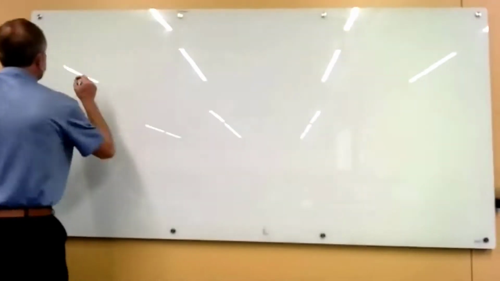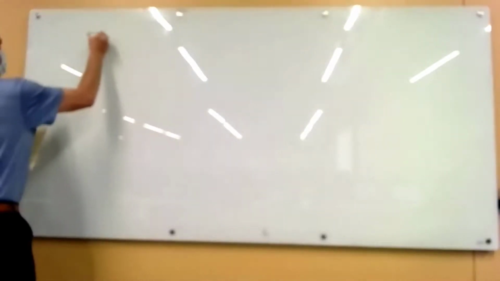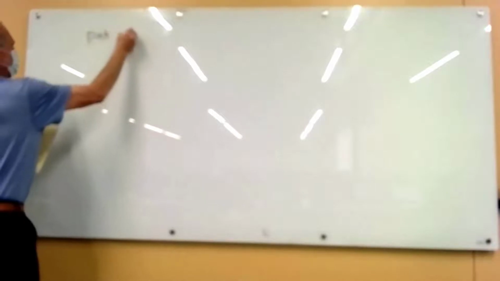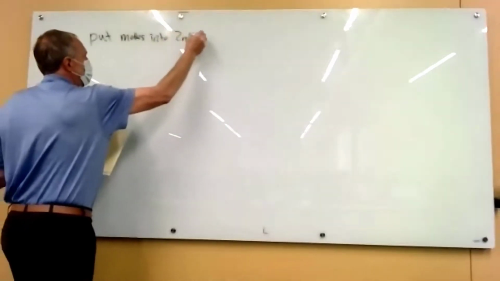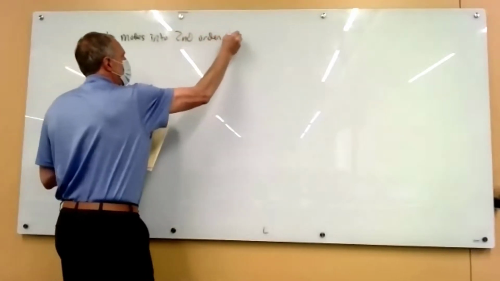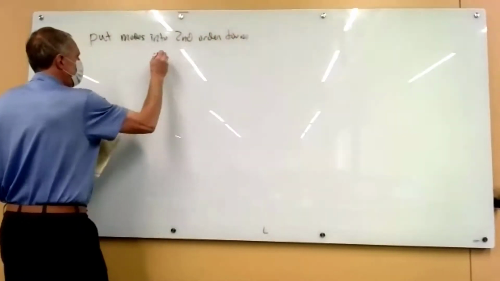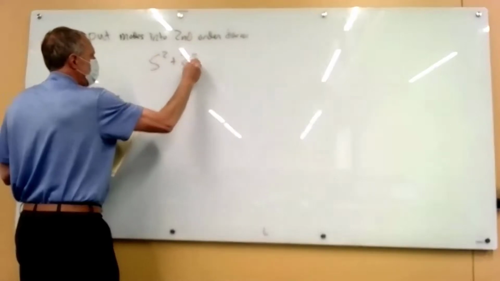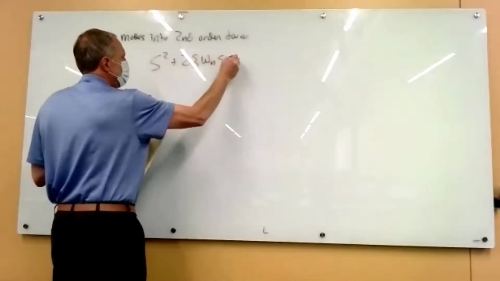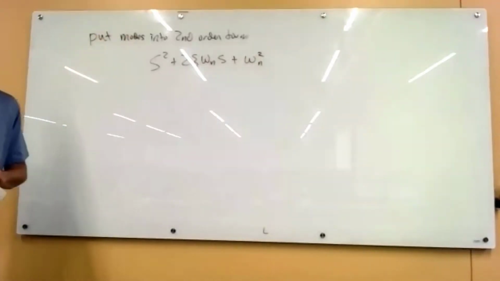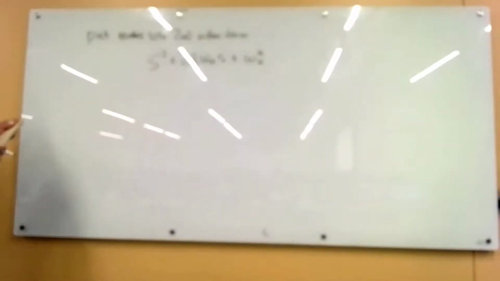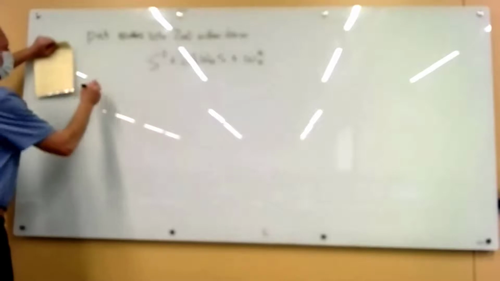So what we're wanting to do is to put the modes into that second order form, which is s squared plus twice the damping ratio and natural frequency s plus the natural frequency squared. And we had formulas for this.